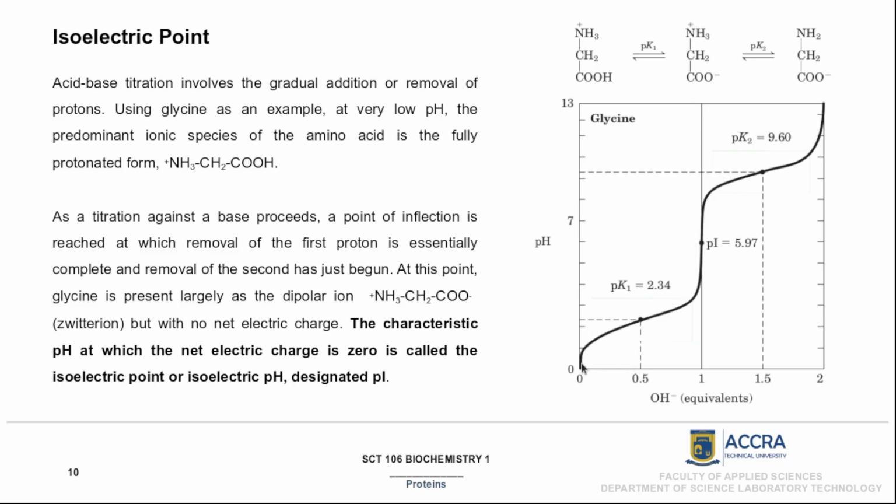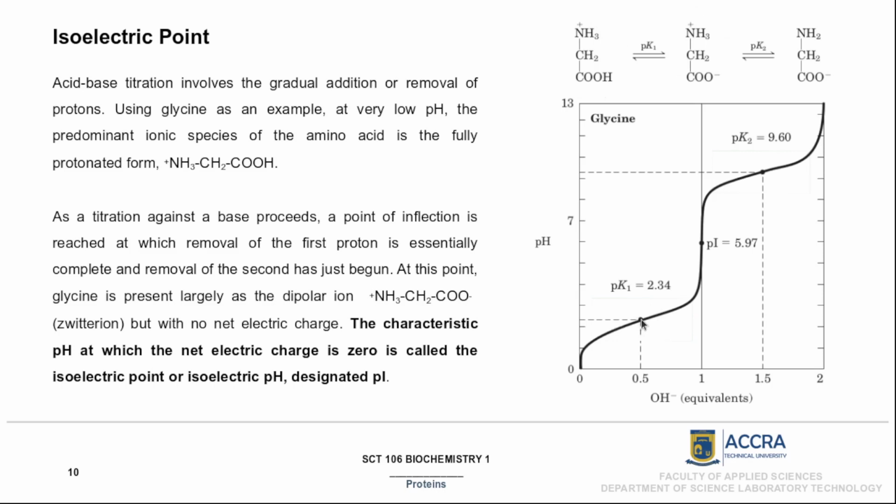When you are having this first stage which you see here, the first stage of the titration, somewhere in the middle point of this first stage, you have the concentrations of the fully protonated amino acid and the zwitterion being in equimolar concentration.